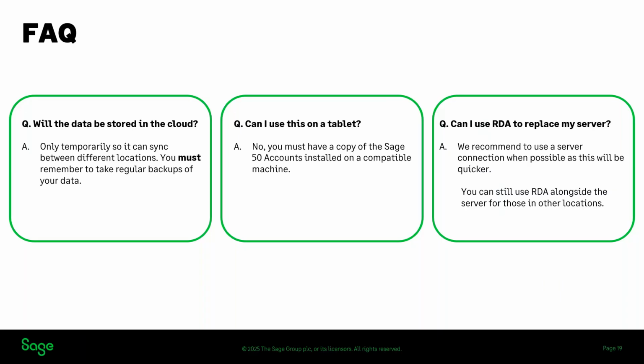So this feature isn't necessarily going to benefit everybody. It might be the case that you live in a quite rural area and the internet connection isn't great, but it was really commonly used during COVID, during lockdown when people were working from home, and you might still have hybrid working.